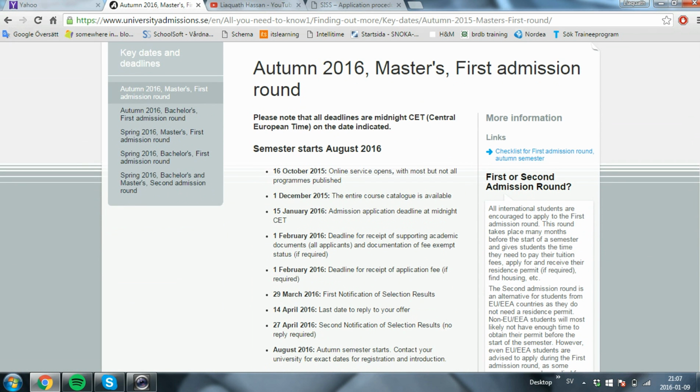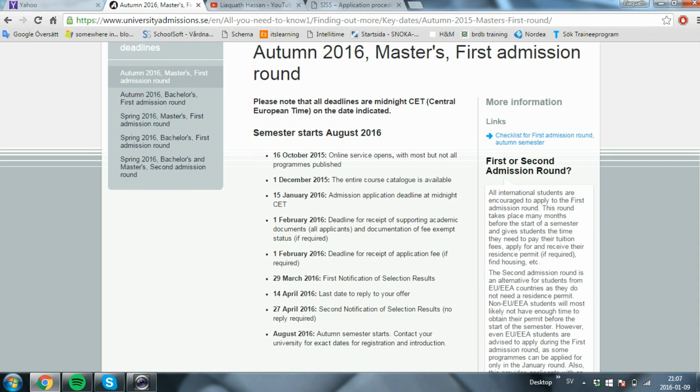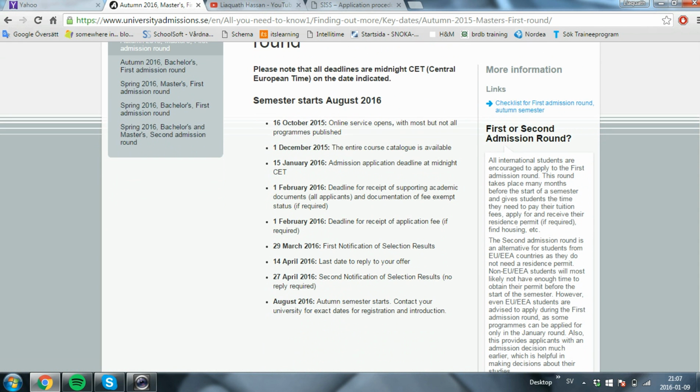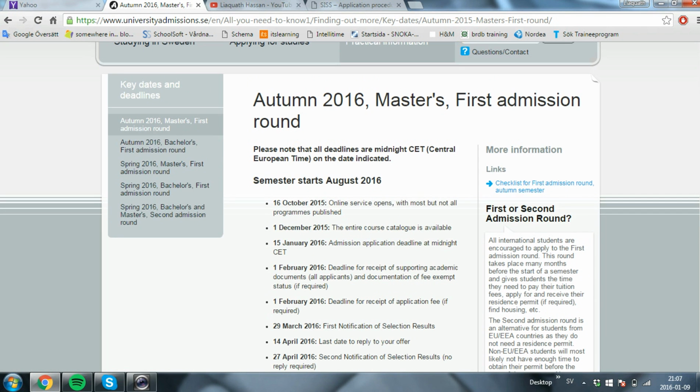As we can see here, on 16 October the application opened, 15 January is the last day to apply, and by 1st February you have to pay the application fee and send all the required documents. So the most important thing is that you need to apply before 15 January. But when you have applied, you have 15 more days to prepare your documents and send them. So you can check the key dates here.